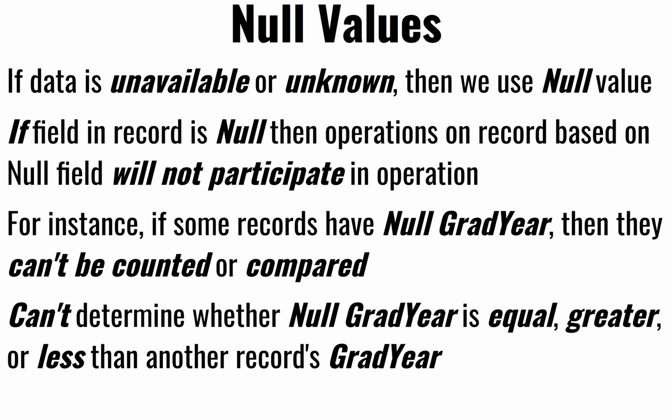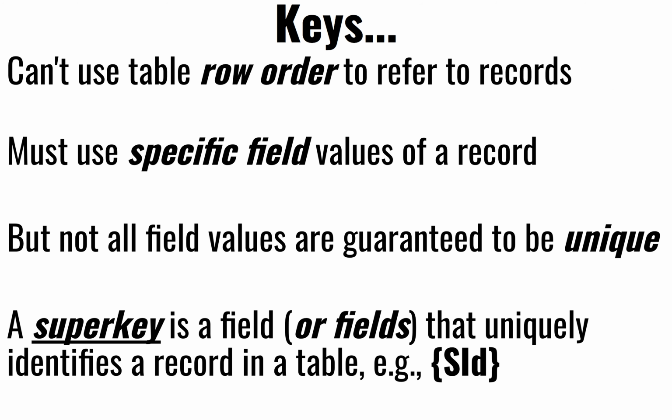And because it's I don't know, it has a lot of implications on how you count records, or how you compare records, or how you make certain decisions of asking whether this is the same as that, right? And null means I don't know how to compare these things. I can't count this. So it has certain implications on how records should be considered when the value is unknown. So be careful when you're counting certain things that might be nullable.